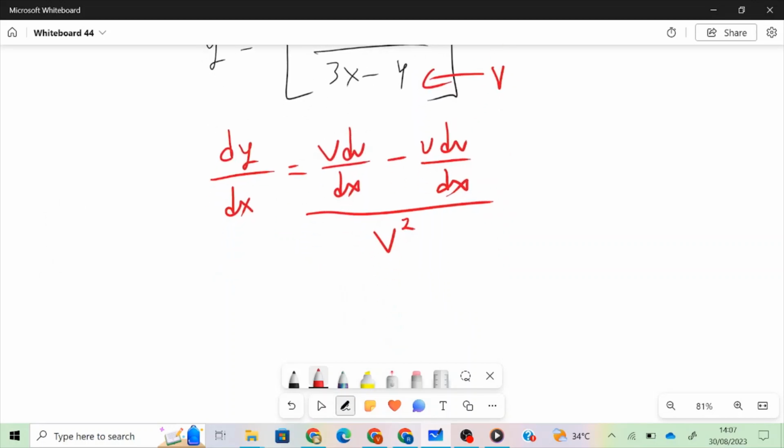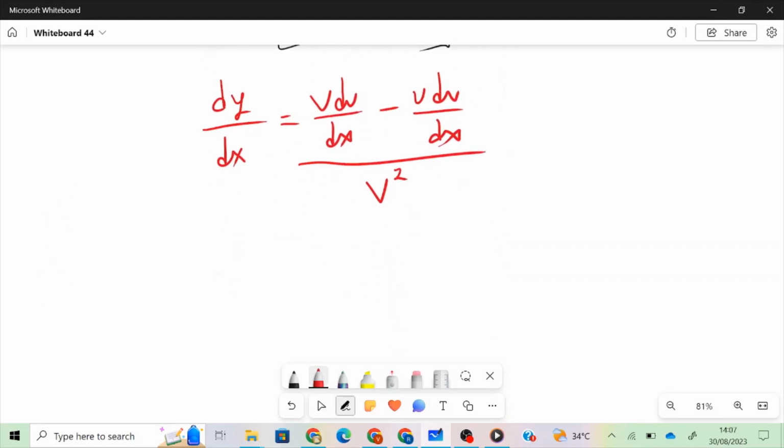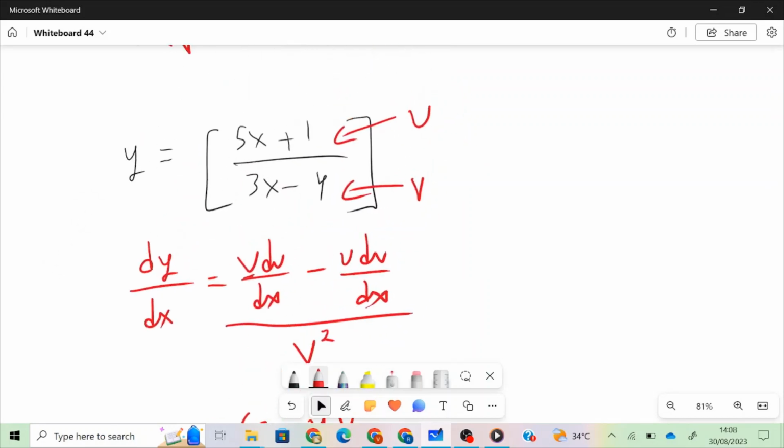So just plugging in our values, v, that is the denominator, which is 3x minus 4, is being multiplied by du dx, and our u is 5x plus 1.